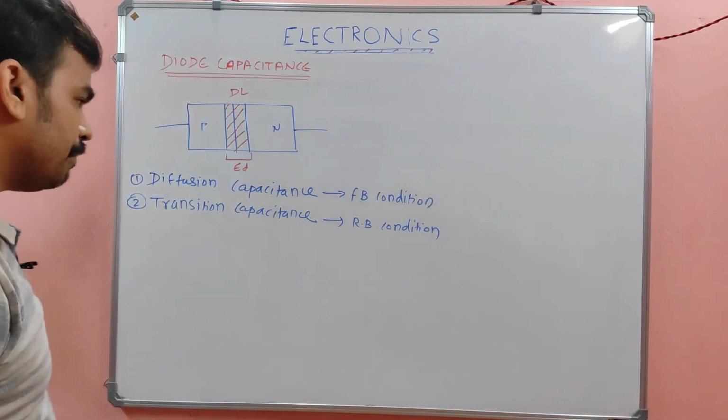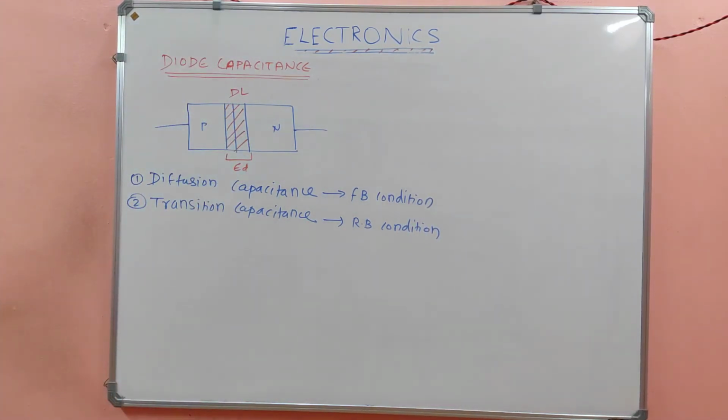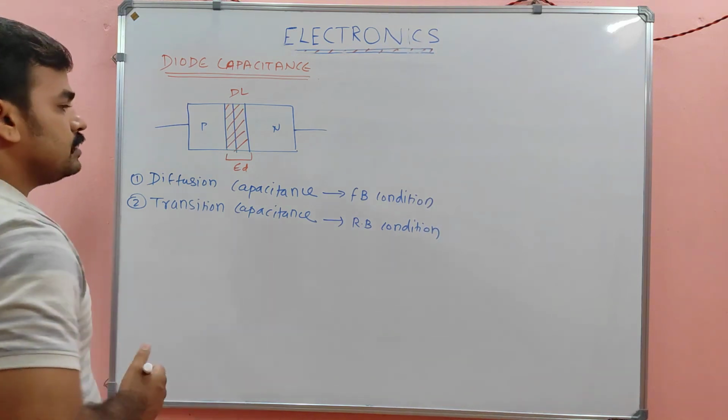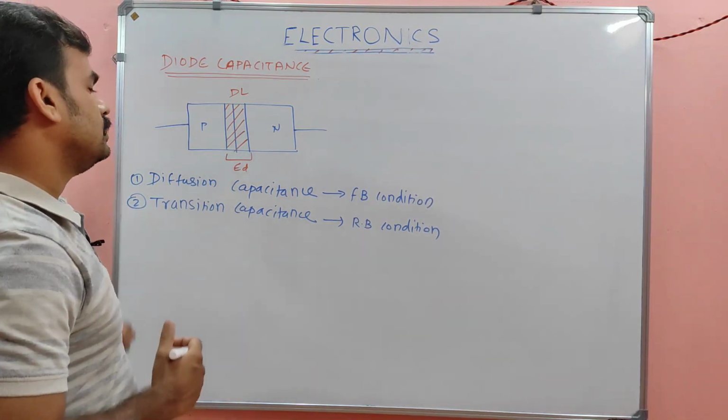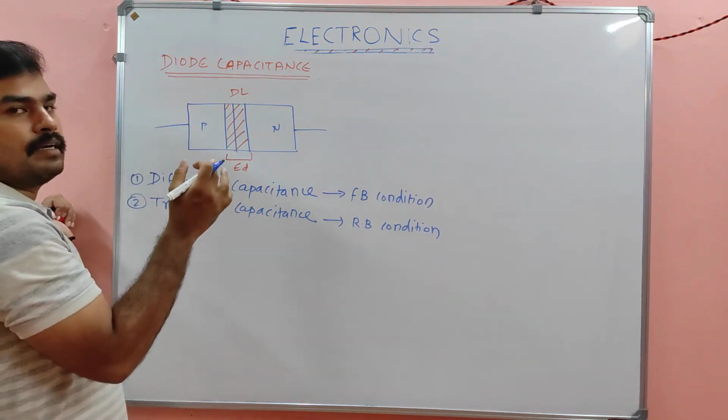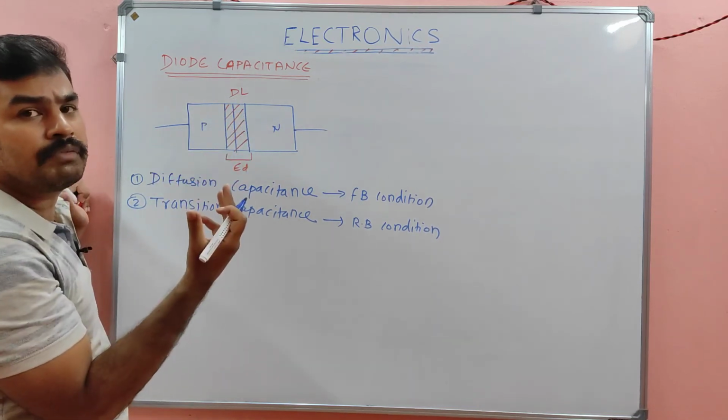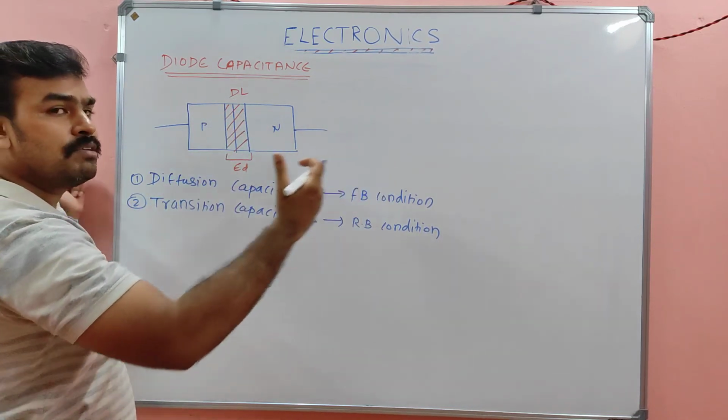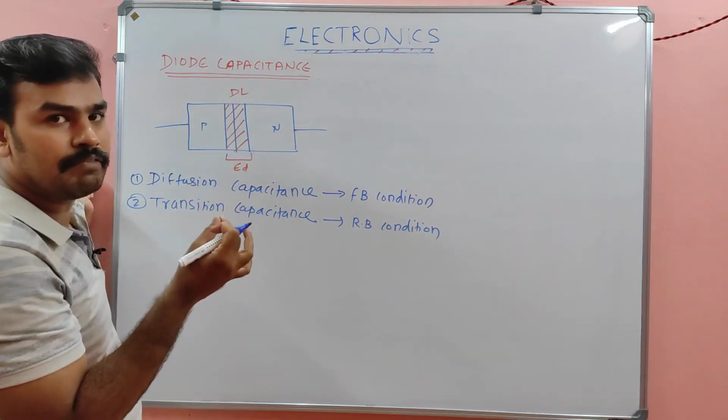In forward biased condition it is called the diffusion capacitance, and the other is the transition capacitance. When it is in forward biased condition, what happens to the width of the depletion layer? It will be decreased.